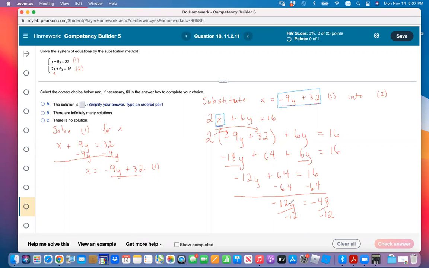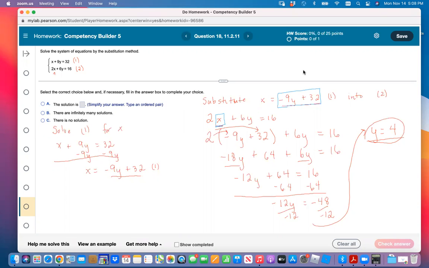And when we do this simplification, we end up with y is equal to negative 48 divided by negative 12, which is a positive 4. So I solved for one of the variables. Now what I can do is substitute this value of y into either of these equations and solve for x. So I know that y is 4.